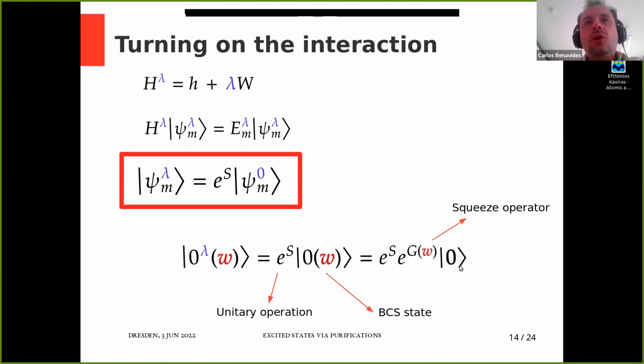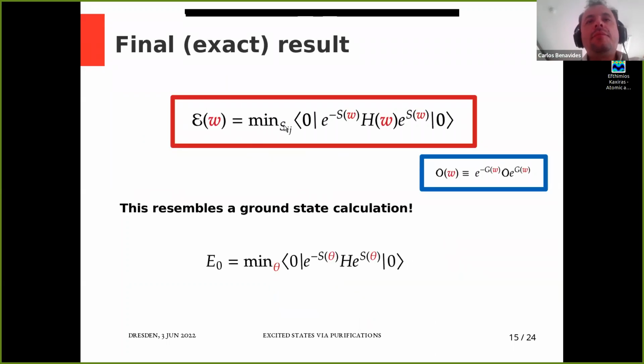And basically, that's all. Because then I can perform a minimization, a whole minimization in this duplicate state, using just this convention. This is the vacuum of this unitary transformation, the Hamiltonian, yes. And all these are dependent on W, because I use this convention. All these are transformed by the squeeze operator of the BCS state.